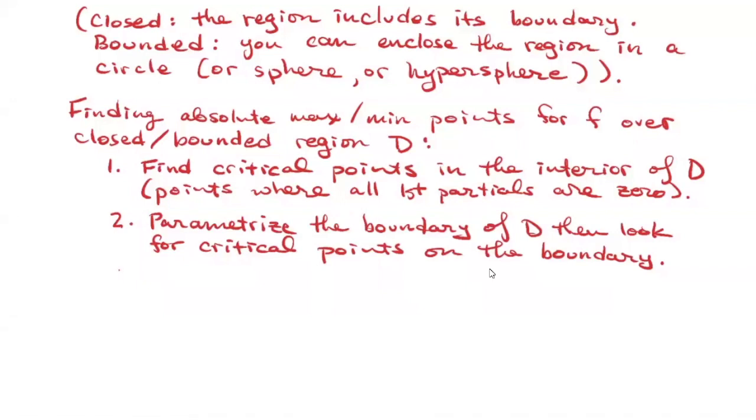Third, you have to find points on the boundary where D is not smooth. Okay, so find all points where the boundary of D is not smooth.